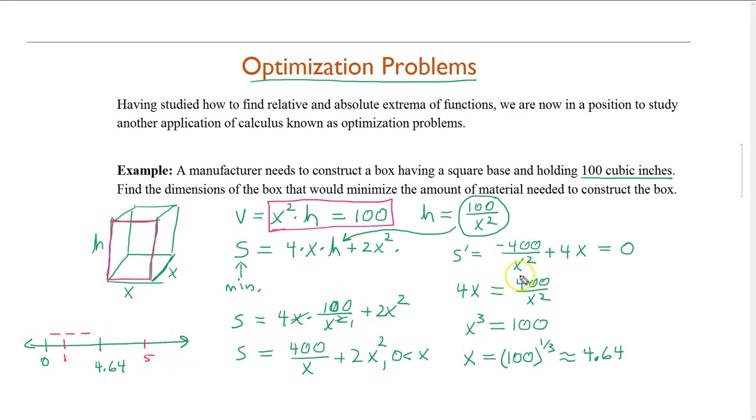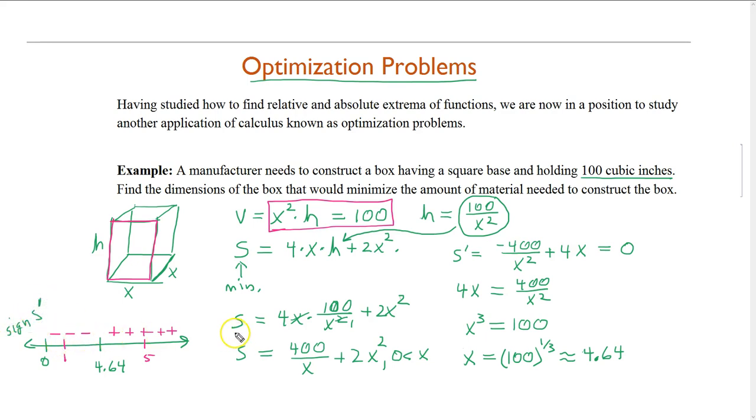And if we put 5 into x here, we will get 20 minus 400 divided by 25, and that will be a positive number. Once again, 400 divided by 25 is negative 16, so you get 20 minus 16. That's a positive number. So this is our sign of s prime.